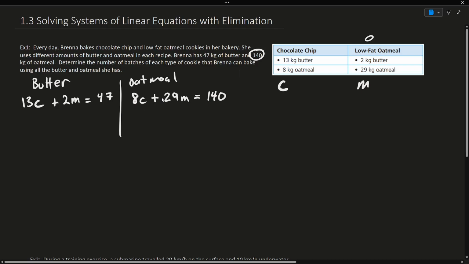I could try to get the M to correspond to 29, but I'd have to multiply by a decimal, or double the 29 and multiply the other equation by 29 as well. Or I could try to get the 13 and the 8 to match. I'll do that because these are sitting at the front.